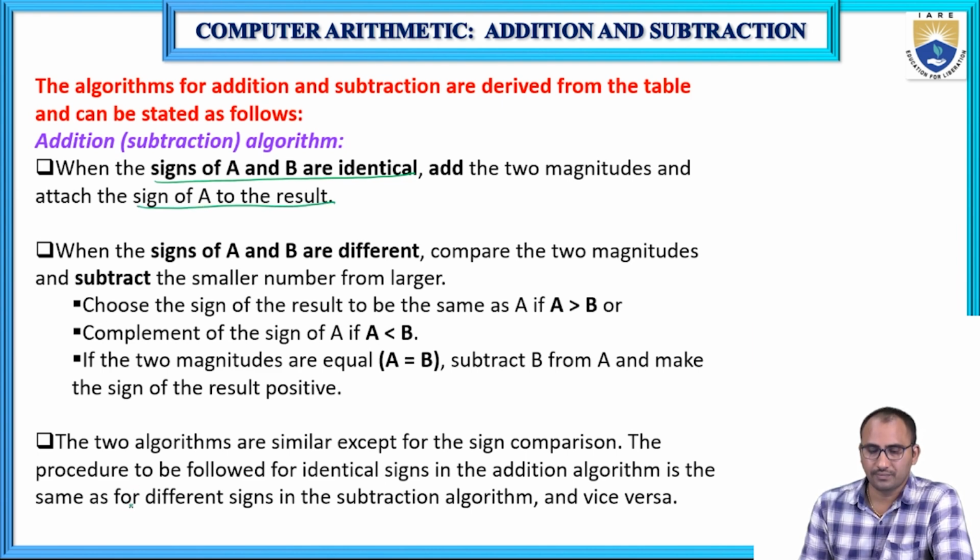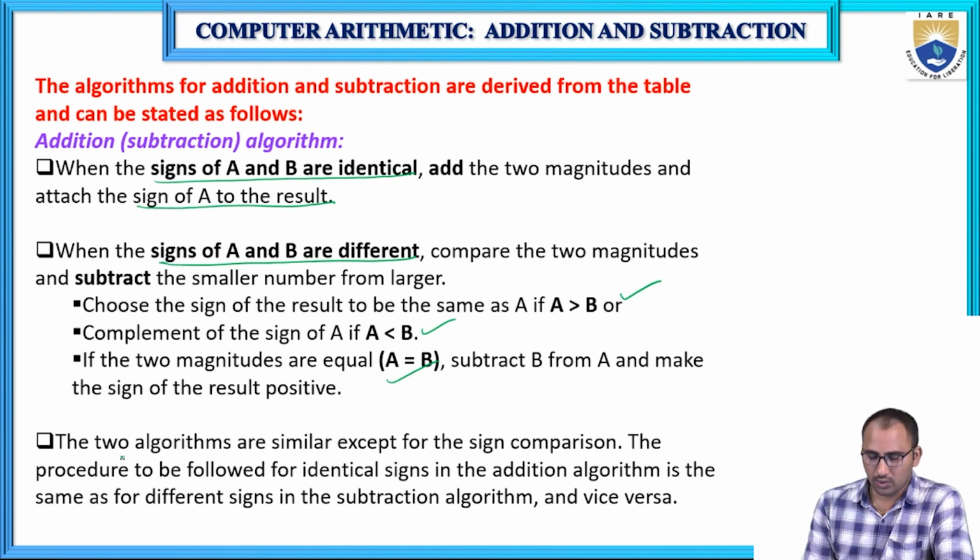And second one, when the signs of A and B are different, here we have to consider three cases. First case is A greater than B, second one is A less than B, and third one is A equal to B. Just before we have seen all these three different cases for the subtraction.